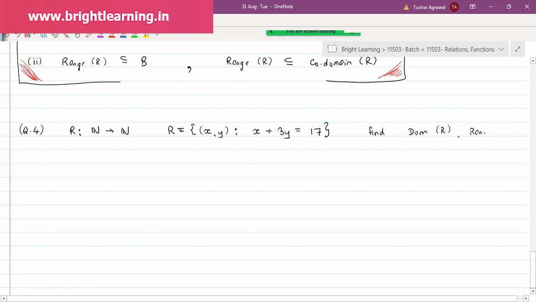Find domain of R, range of R, and codomain. Forgot to mention the condition. X and Y belong to natural numbers.